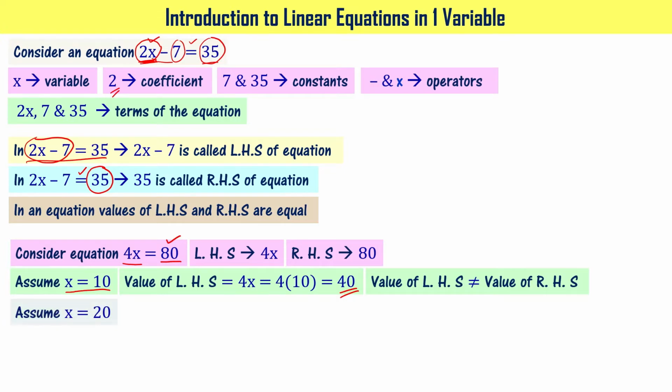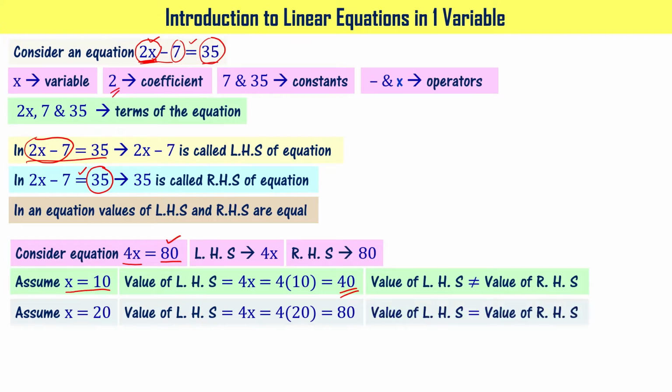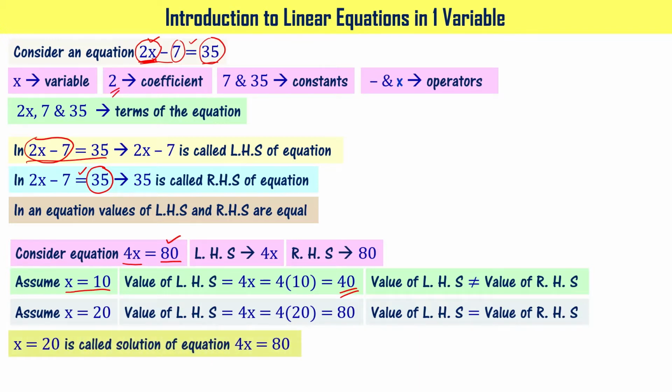Let's assume x equal to 20 and find the value of LHS. That is 4 times 20, that is equal to 80, which is exactly equal to the value of RHS given, right? So let me write value of LHS equal to value of RHS. That is why we say that x equal to 20 is a solution of equation 4x equal to 80, right?